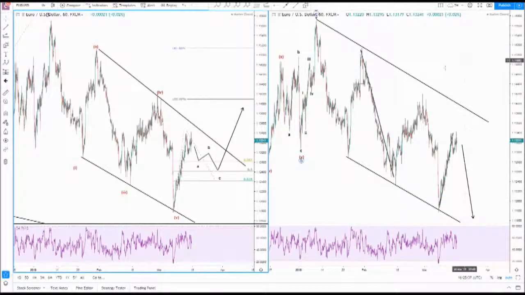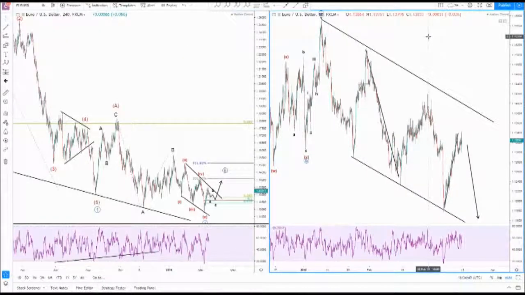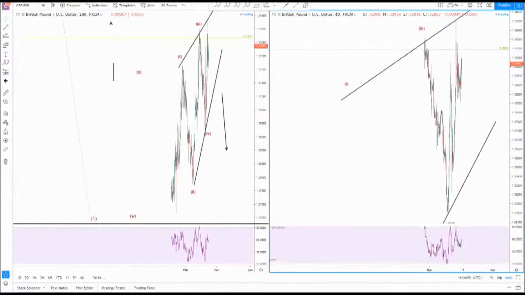It's just that if the euro doesn't quite play out how we want it to and we get this alternative scenario where it heads straight down, that's going to boost the dollar Swiss and we can make some pips on that instead. So all we're doing is increasing our likelihood of having a profitable trade.